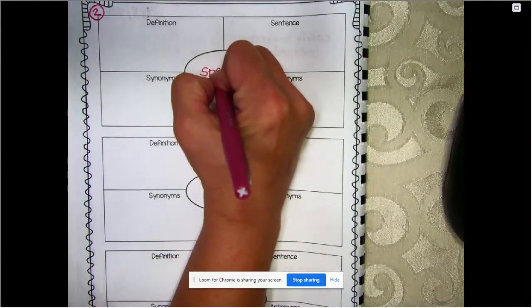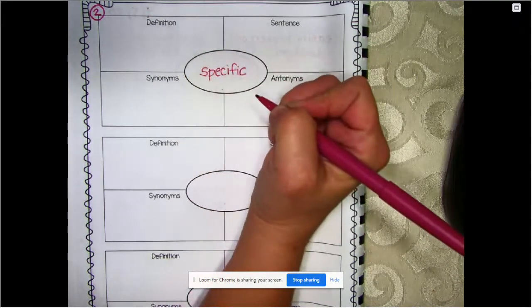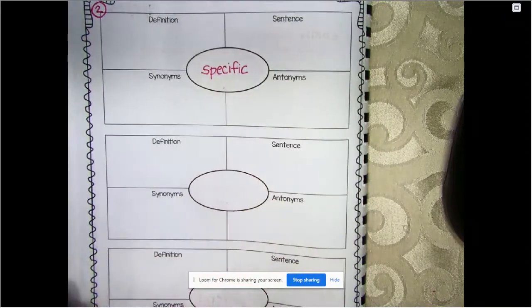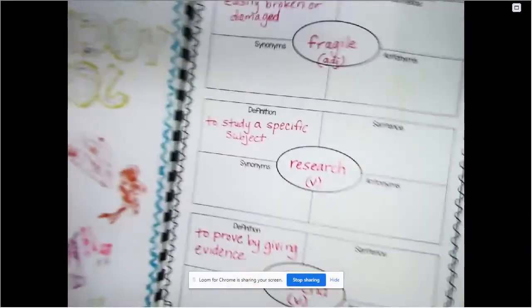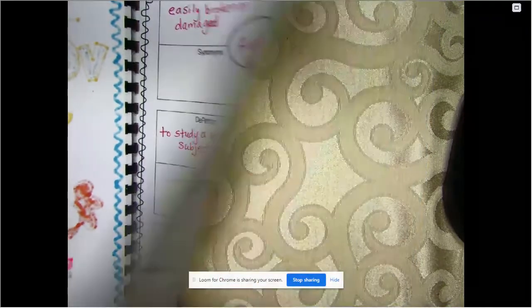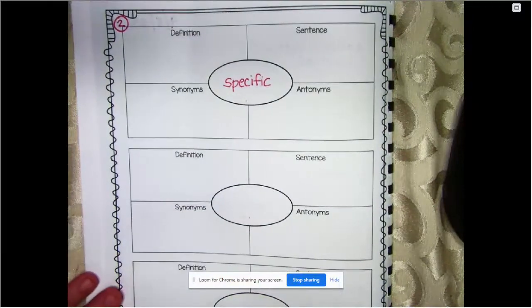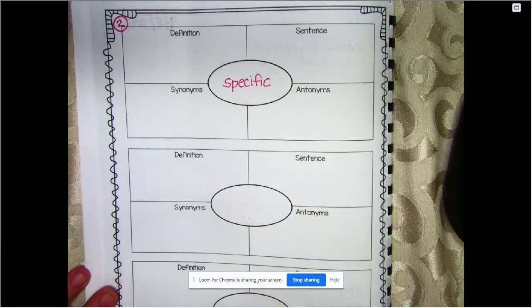Specific. Now, did you see that word anywhere already today? Let's look back here. Study a specific subject. So specific is our word today, and that means to be particular or precise.